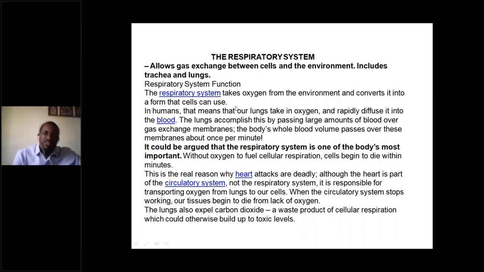So the function of the respiratory system is to take oxygen from the environment and convert it to the form that the cell can use. Very important. What it means is that the lungs, through your nasal cavity, when you breathe in, take oxygen from the environment. Then they rapidly diffuse it into the blood.